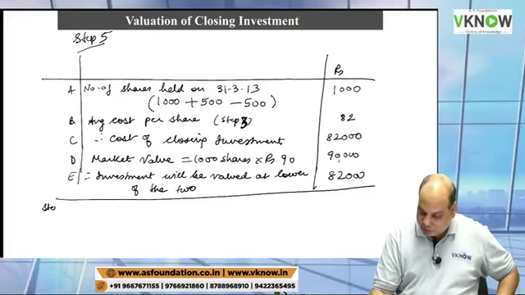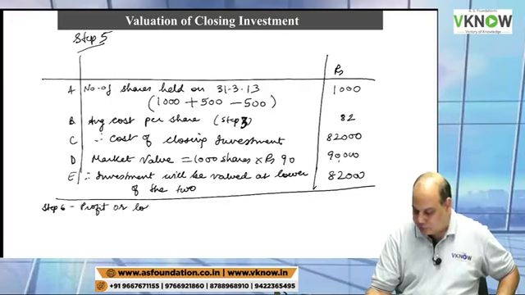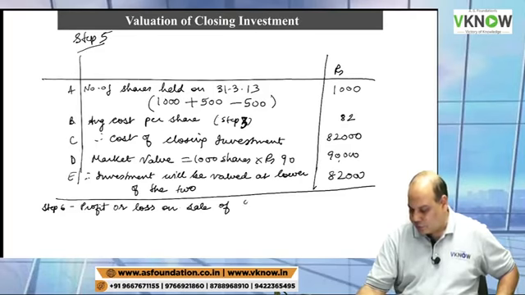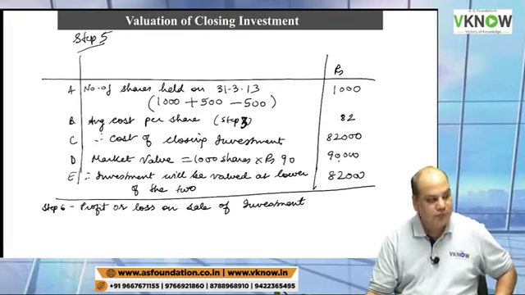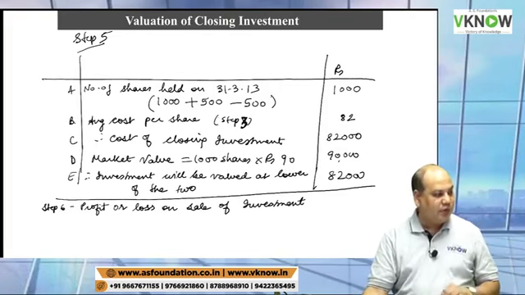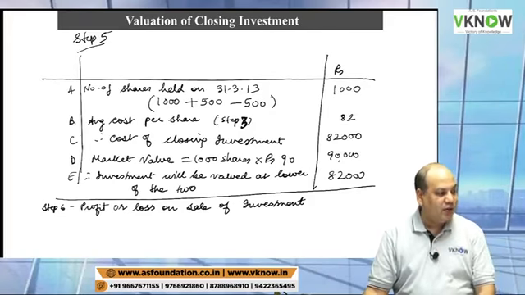And one last step, number 6, write down profit or loss on sale of investment. Last step. Then we'll go to the main answer.